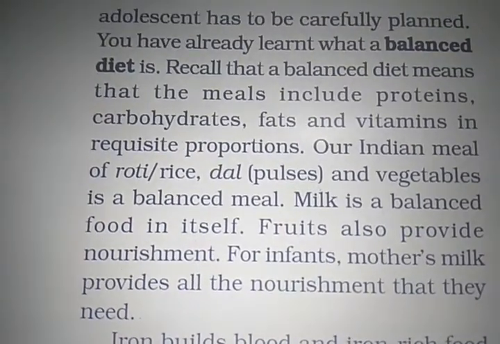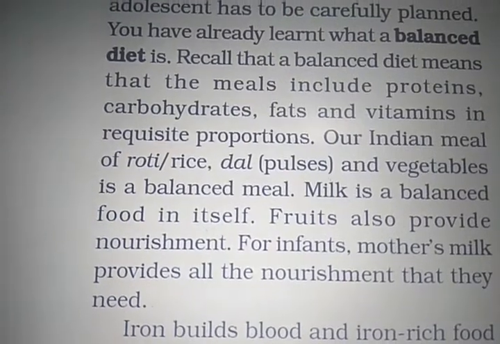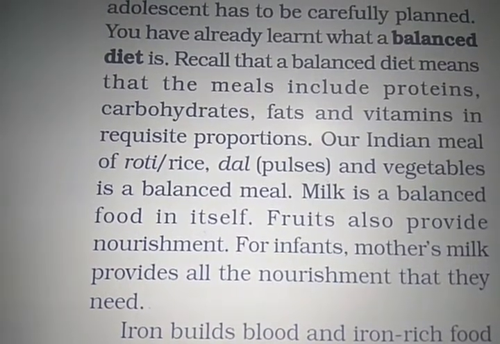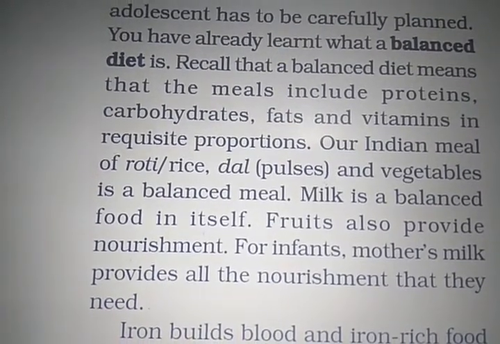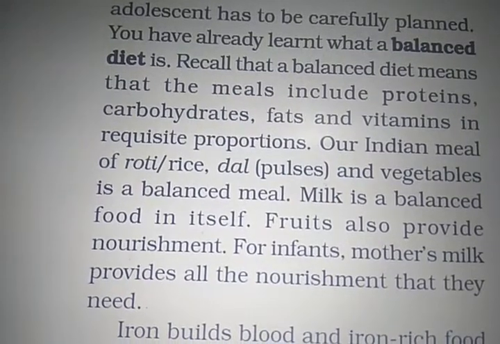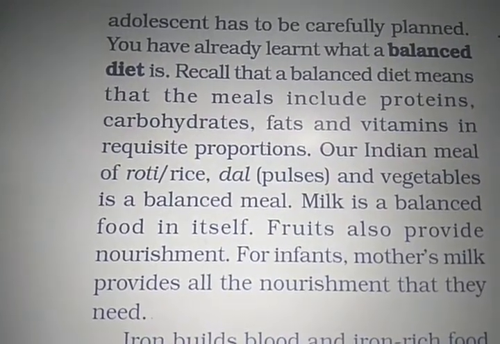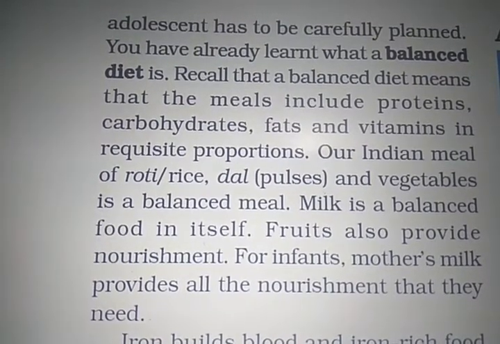In short, it is the combination of all these foods. The rice gives carbohydrate, the dal means proteins, and the salad contains minerals and vitamins, right? And so it is balanced. So our Indian meal, that is roti, rice, dal, pulses and vegetables, is a balanced meal.